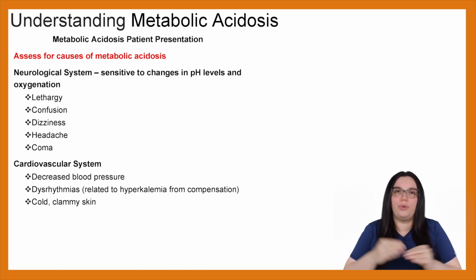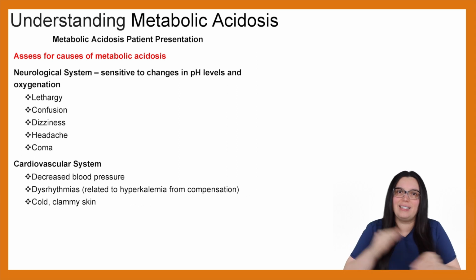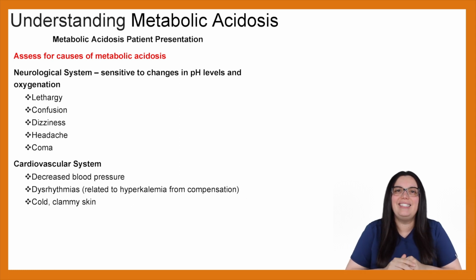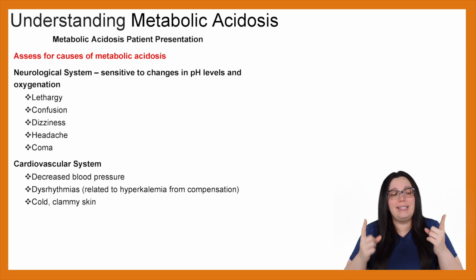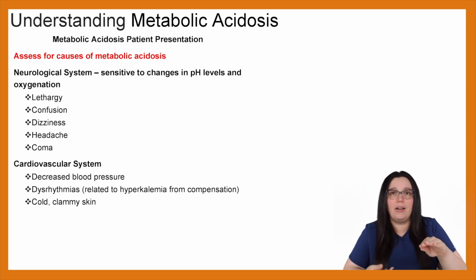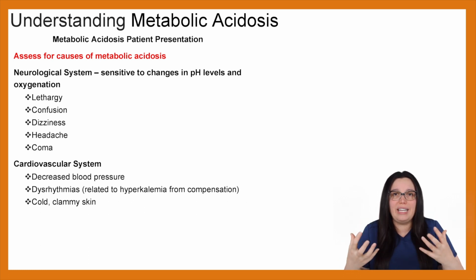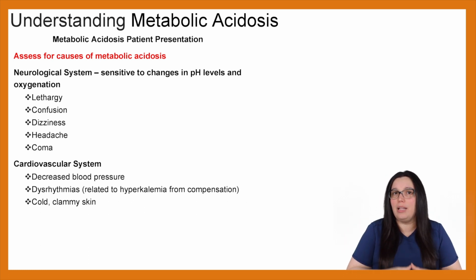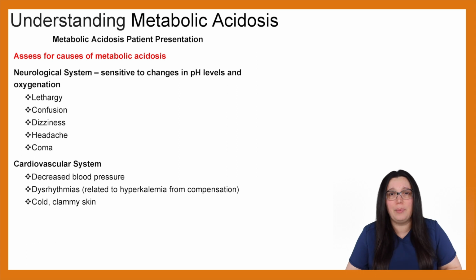So they are going to push all of that excessive acid, all of those hydrogen ions, inside the cell. Well, potassium and hydrogen ions have an inverse relationship. So as more hydrogen ions are going into the cell, more potassium is going to come out. So it's going to increase our serum potassium levels, leading to hyperkalemia.